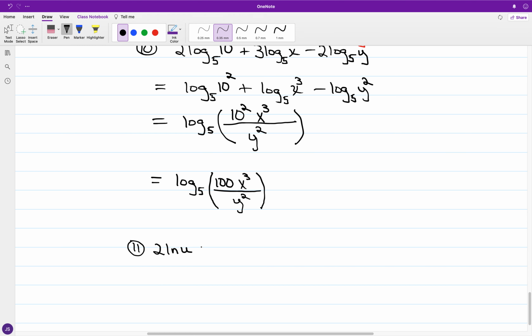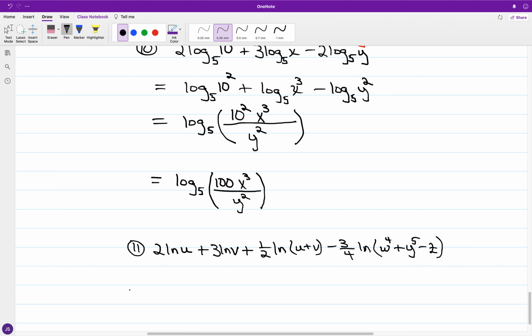You have 2 times the natural logarithm of u, plus 3 times the natural logarithm of v, plus 1/2 of the natural logarithm of the quantity u plus v, minus 3/4 of the natural logarithm of w to the 4th plus y to the 5th minus z.